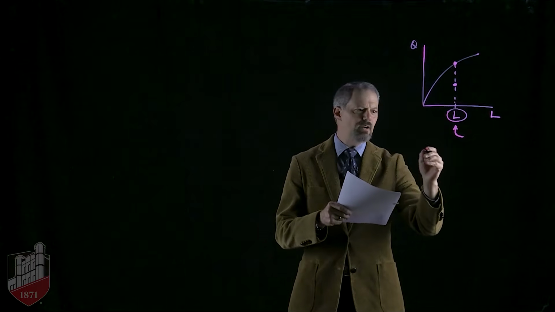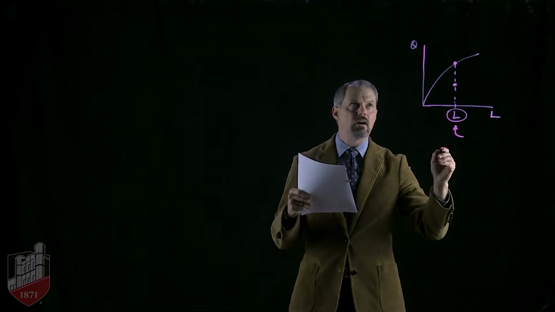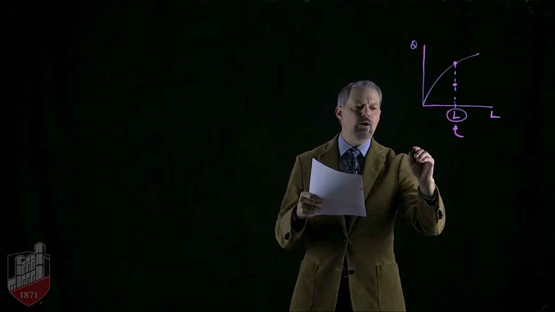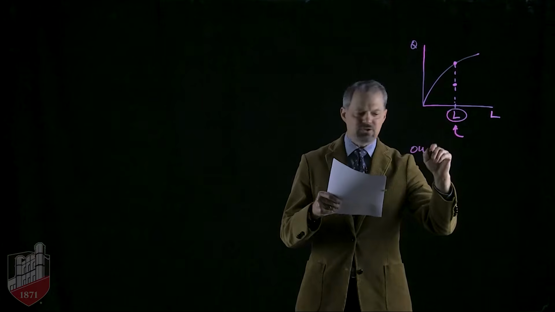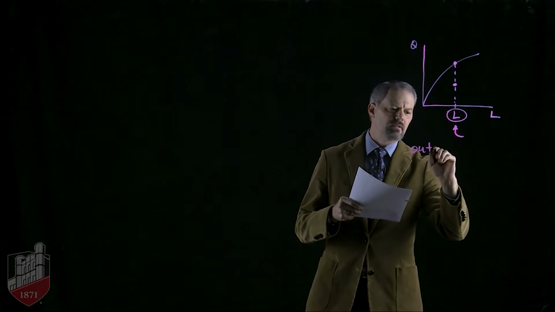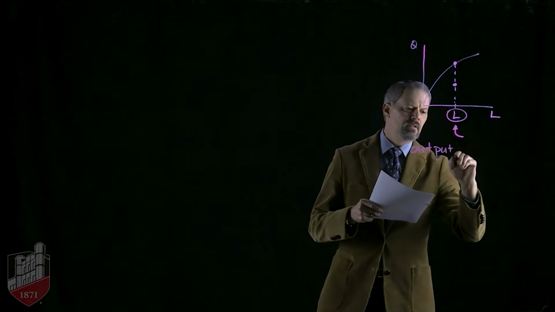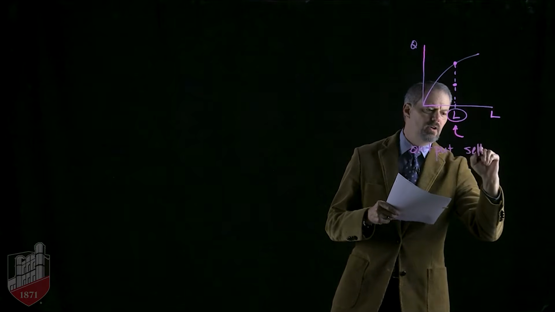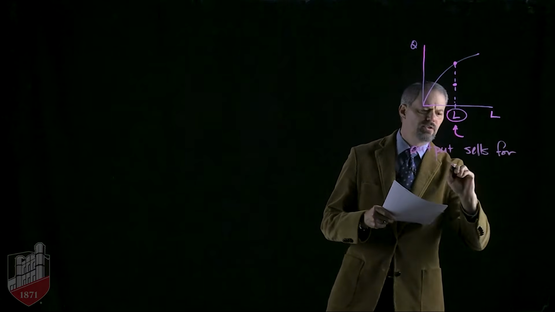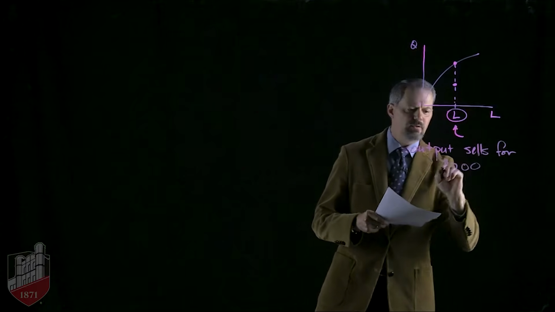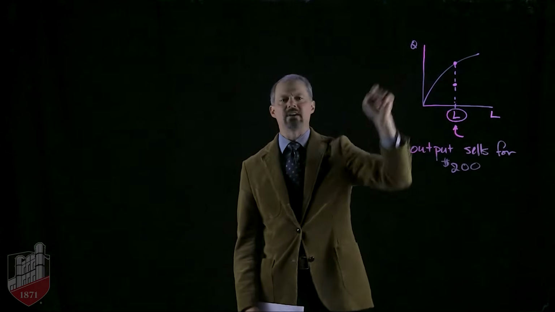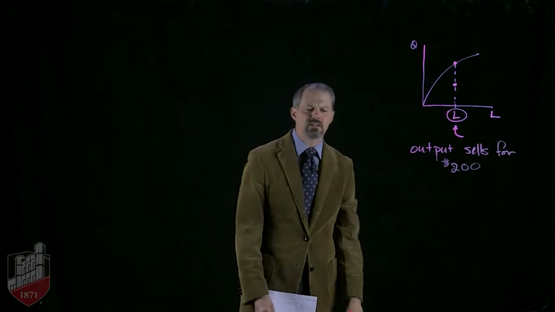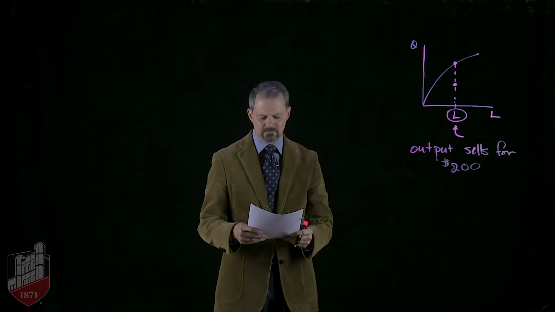Let's suppose we've got a market where a firm can sell output for $200 per unit. Output sells for $200. So if the firm produces a unit of output, it can sell that output in the market for $200.